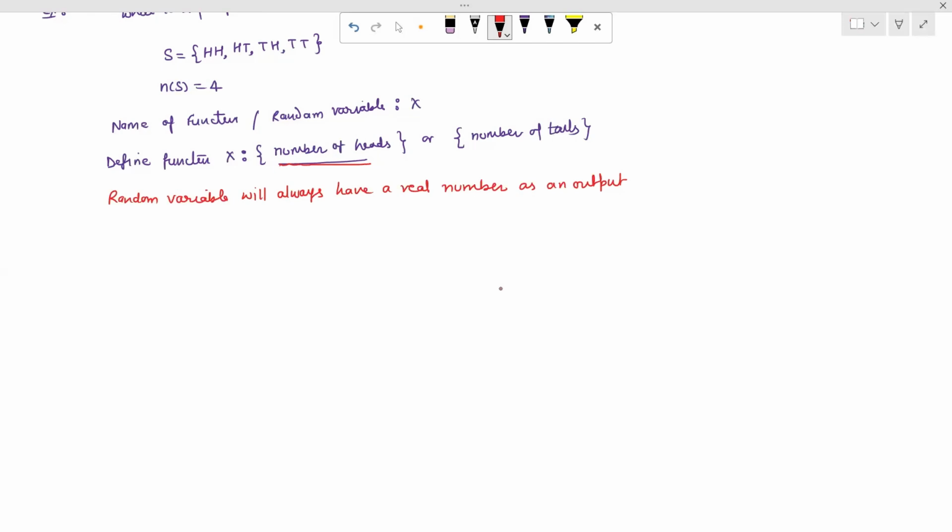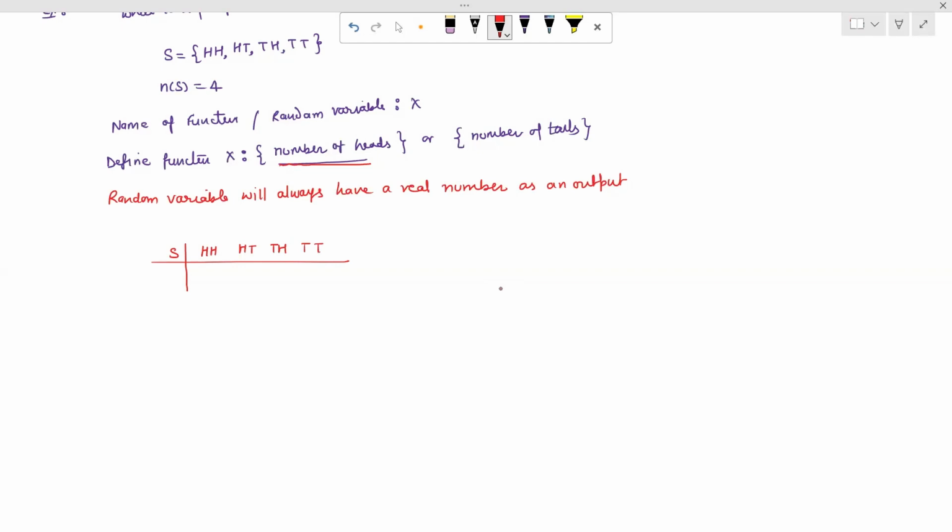a random variable. So now when we make a sample space S, we make a table. The sample space contains four elements: head head, head tail, tail head, and both are tail.